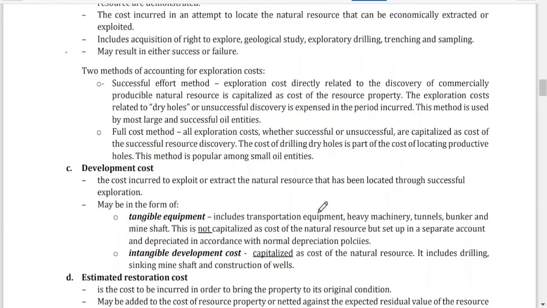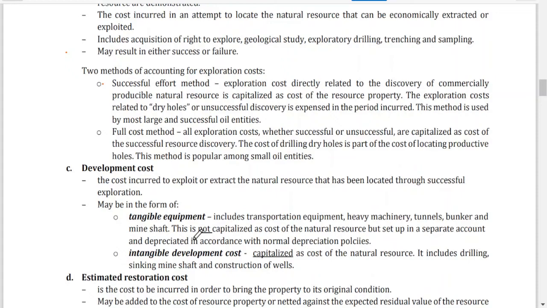We also have the development cost. So once we have already identified that the area is promising in terms of the mineral deposits, then we can develop now the area.